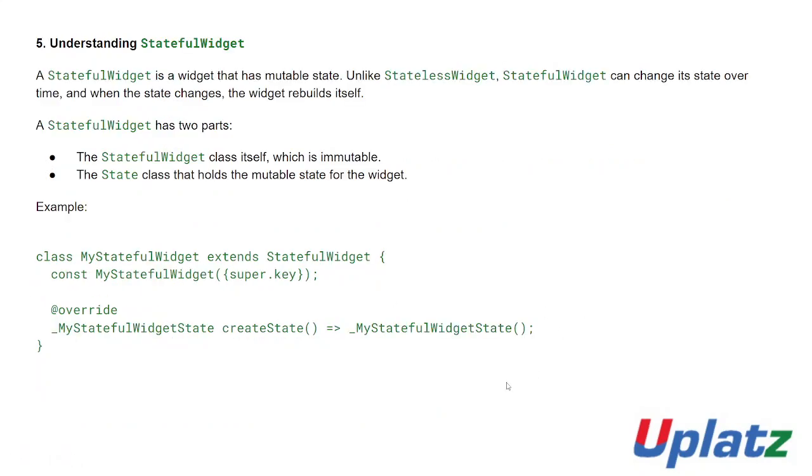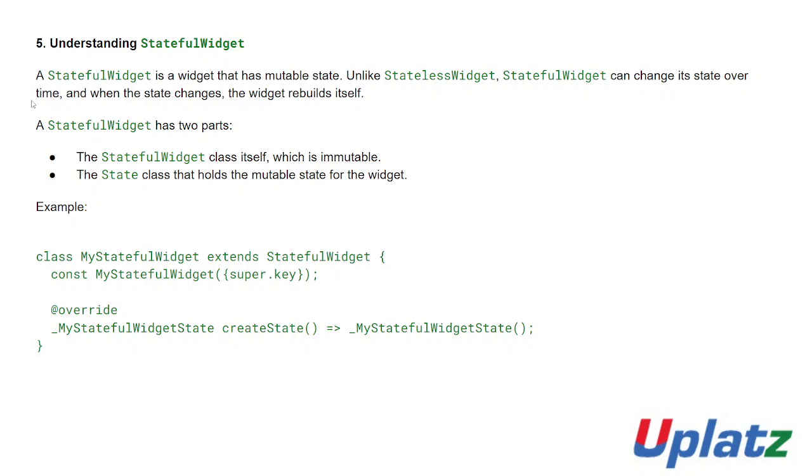Next, understanding stateful widget. Now here is the complex thing. A stateful widget is a widget that has mutable state. It has something which can be changed. Unlike stateless widget, stateful widget can change its state over time, and when the state changes, the widget rebuilds itself.